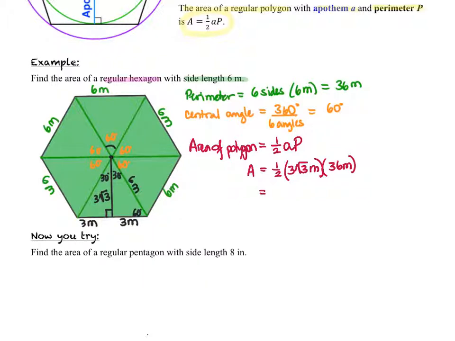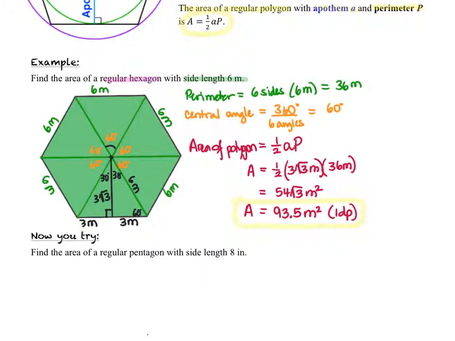Remember, area is going to be a square unit, so we have meters times meters, which gives us square meters. This is actually going to give us 54 times the square root of 3 square meters, but we know we want an approximation, let's say, to 1 decimal place. If we put this in our calculators, we find it's equal to 93.5 square meters. Again, 1 decimal place of accuracy.